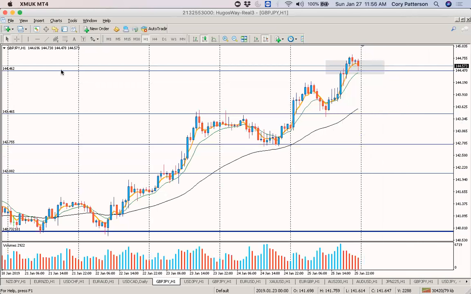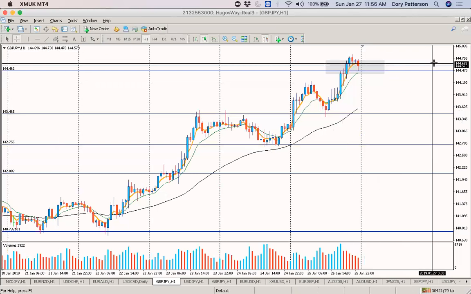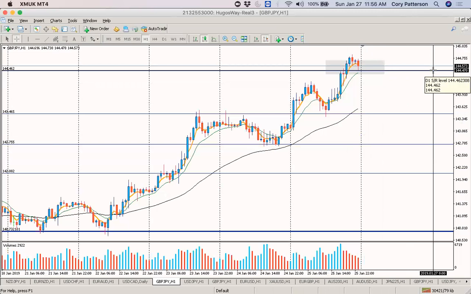But if you start seeing rejection at any of these levels, this level here at 144.223, that's still a 20, 30 something pip move. If it rejects here, this is still a 90 to 100 pip move. And then, you know, you can take profit along the way.